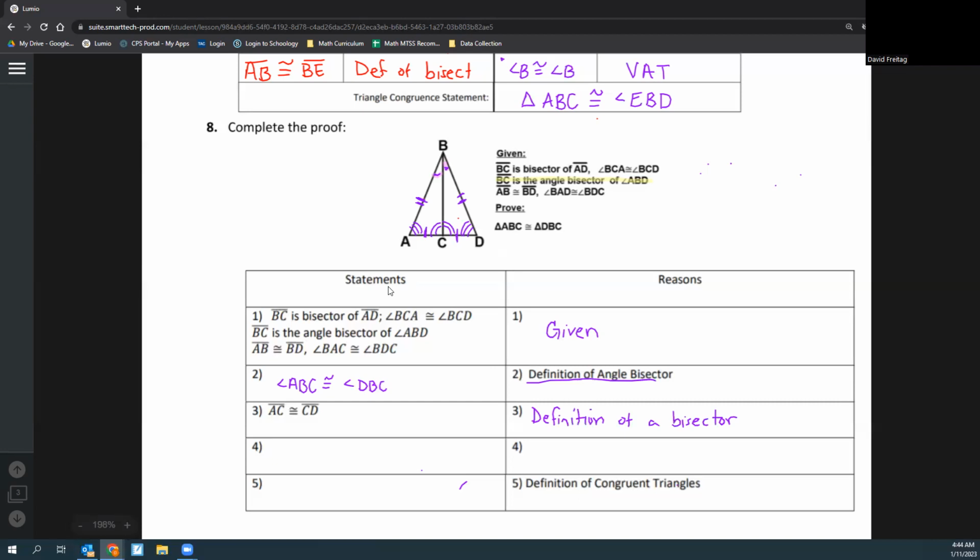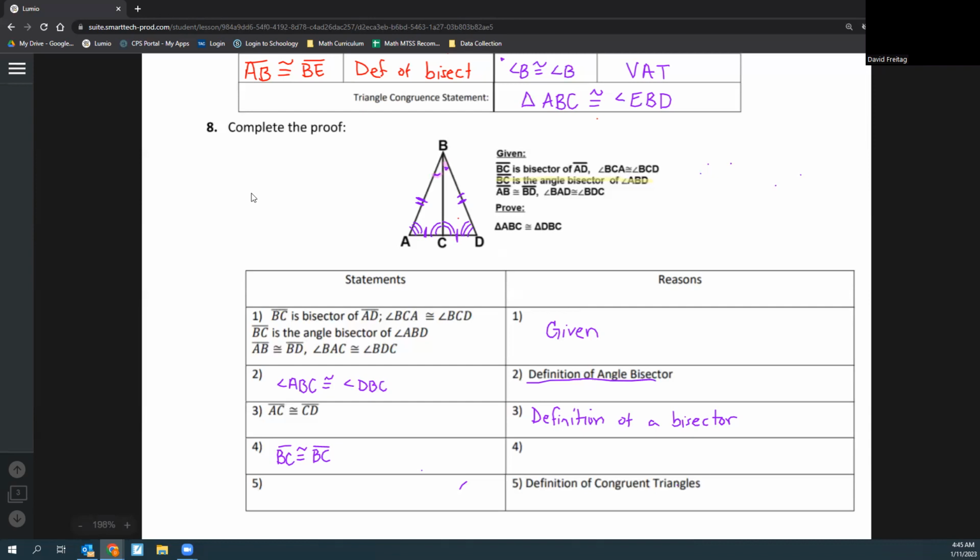The last thing I need to do to be able to prove congruent triangles is to prove the last line, BC, to be the same. Well, BC is congruent to BC because when you are yourself, you are congruent to yourself, right? So you're going to be able to say, yes, BC is congruent to BC.